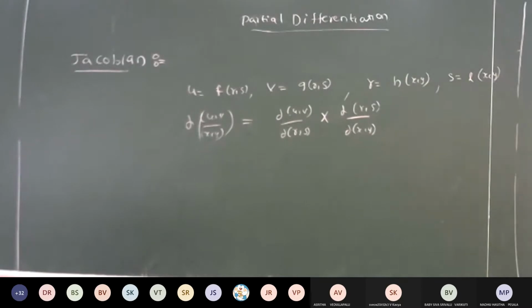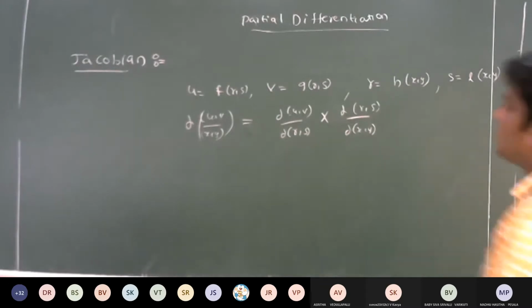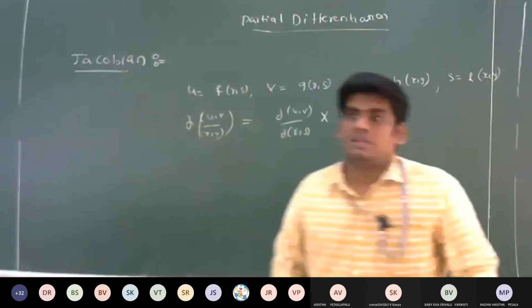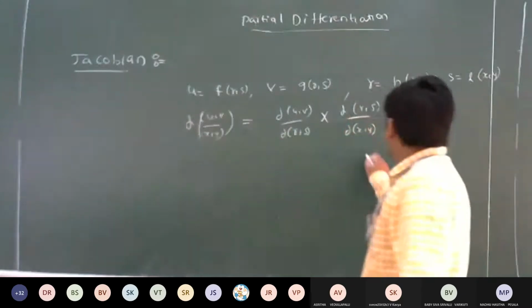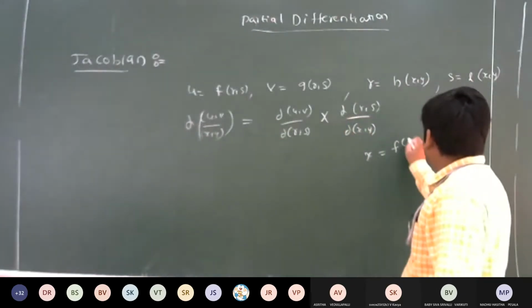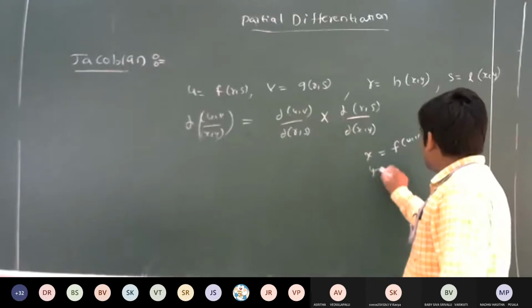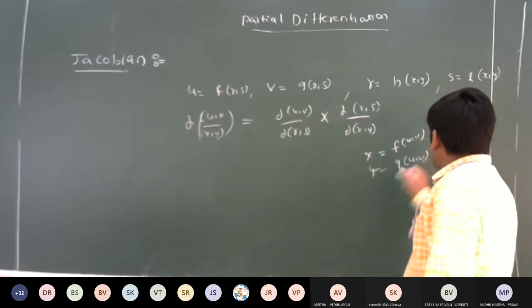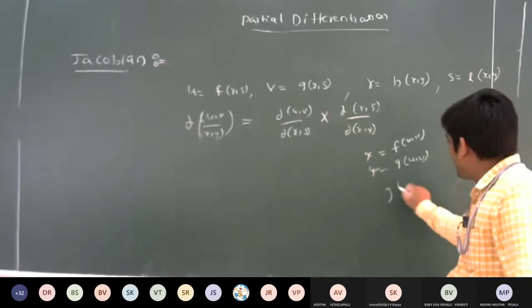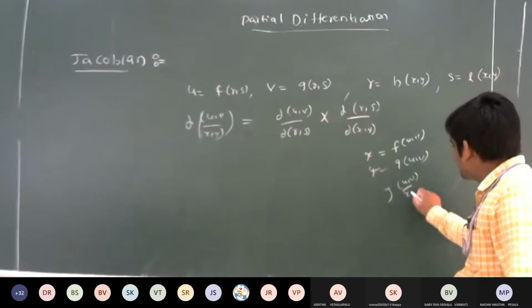And one more thing. Suppose x is a function of u comma v, y is a function of u comma v, but they asked the Jacobian of u comma v by x comma y.